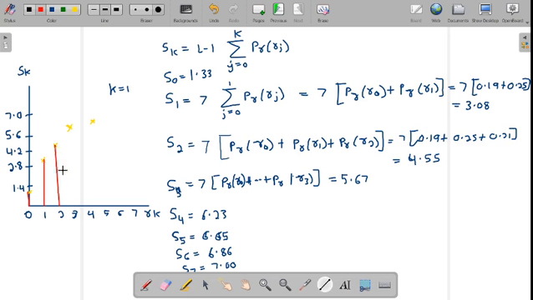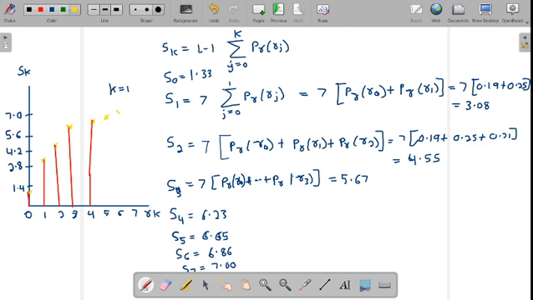This here is S2, this would be S3, S4. Next, 6.65, somewhere around 6.65.